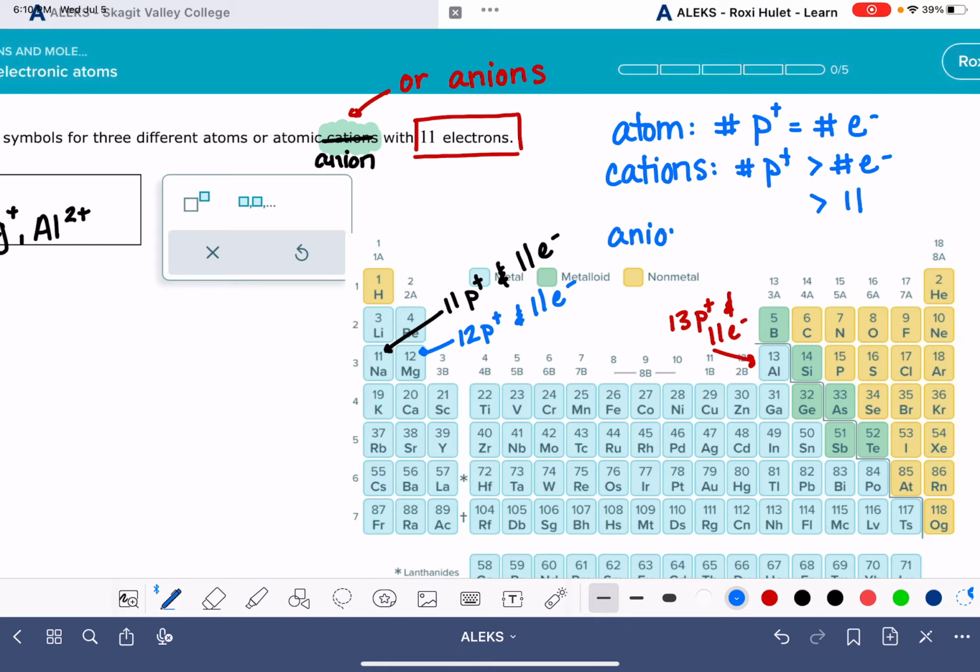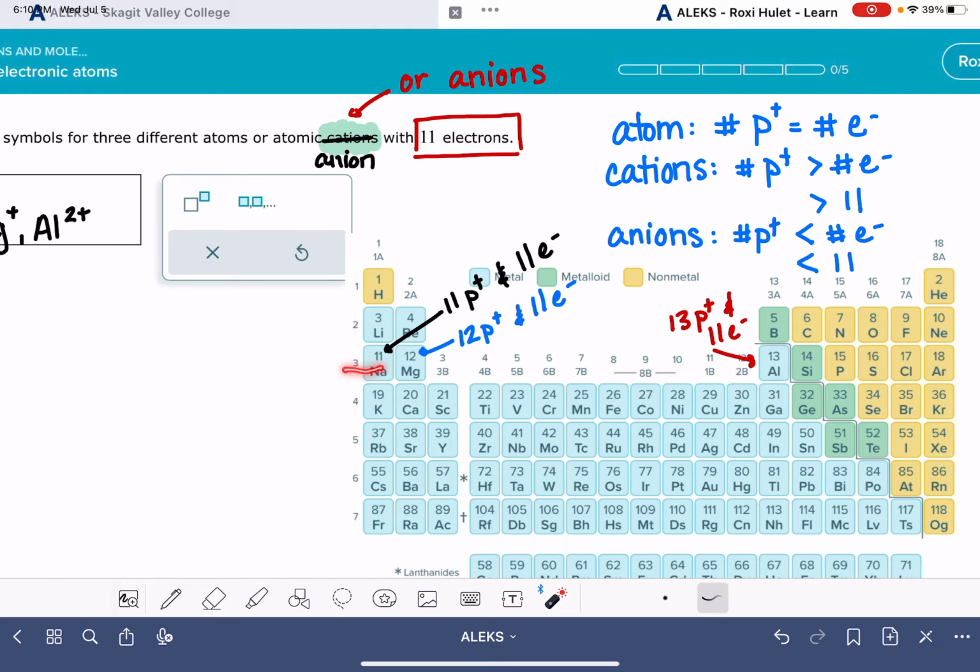Anions are particles that have fewer protons than electrons. So the number of protons is less than the number of electrons. And again, in this problem, we have been restricted to 11 electrons specifically. So if I'm writing the formula for anions, I need to find things that have fewer than 11 protons. So this time I'm moving in the other direction on the periodic table.